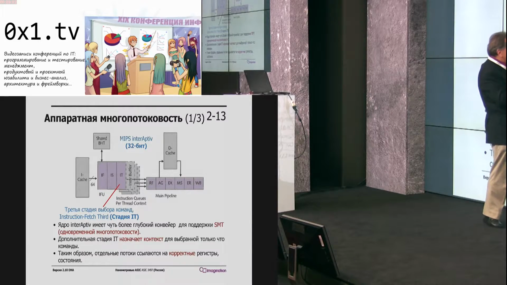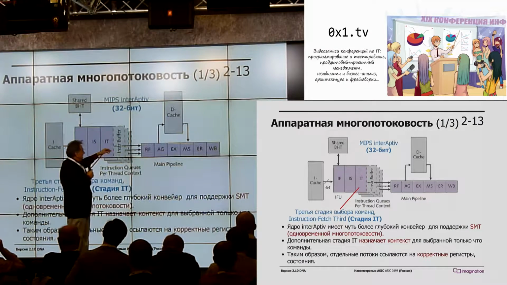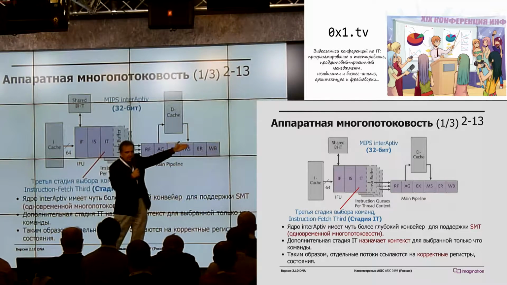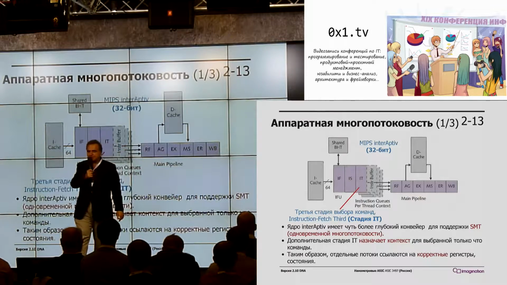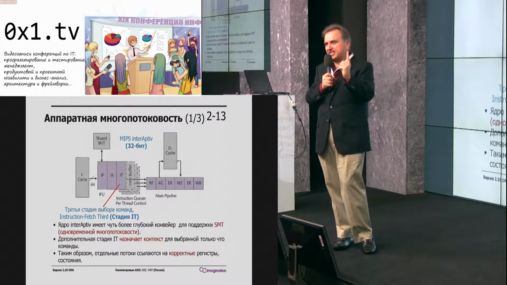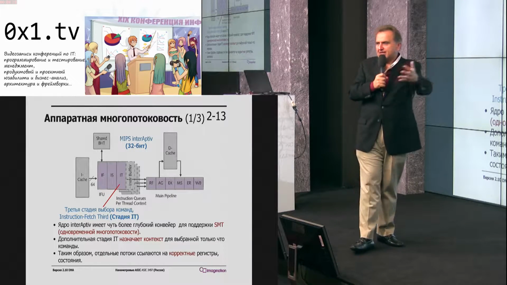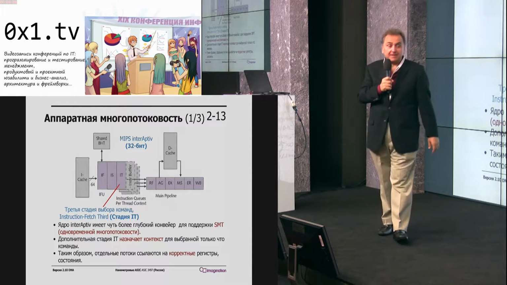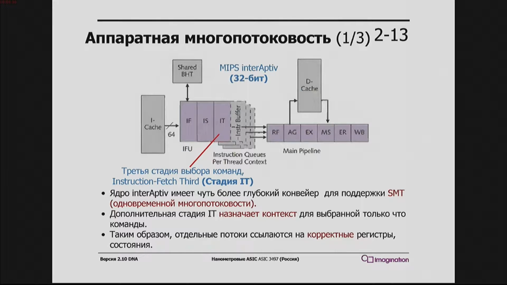And in the beginning of the conveyor, it will make queues with this selection, and then see what thread should go to the tail of the conveyor, where it will be executed. So it can actually switch the context within one cycle, unlike hundreds of cycles in the most optimized software process.